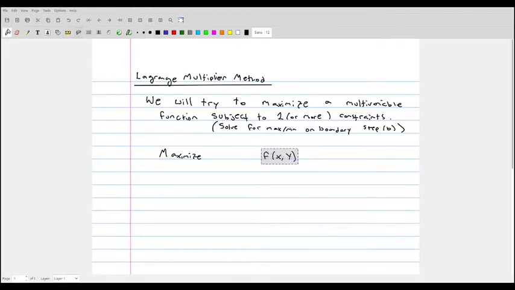So we'll say maximize or minimize a function of two variables subject to a constraint. Specifically, the constraint is going to take the form of a level curve. It'll say that we have some multivariable function g of x y equal to c as our constraint.